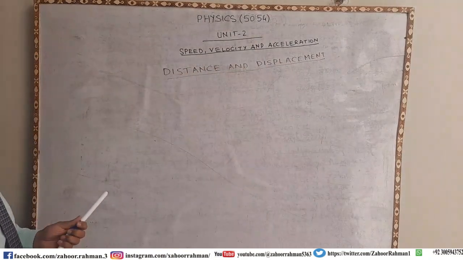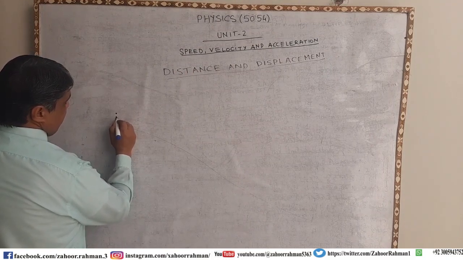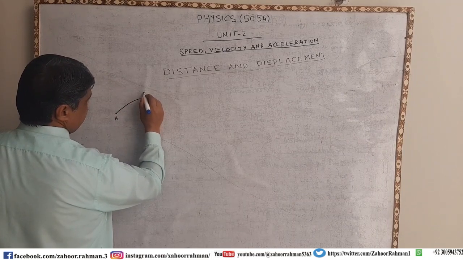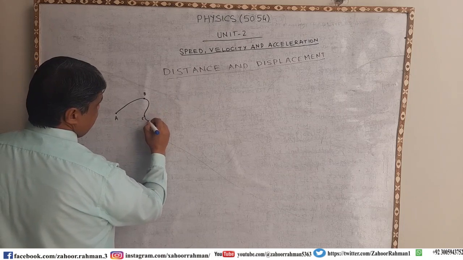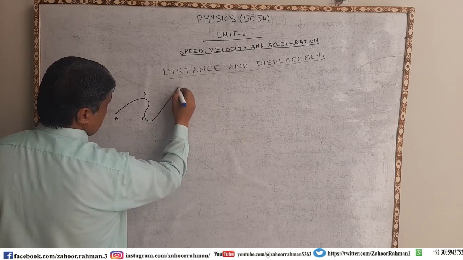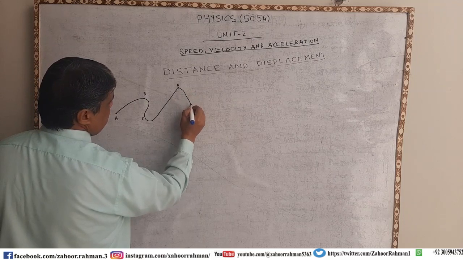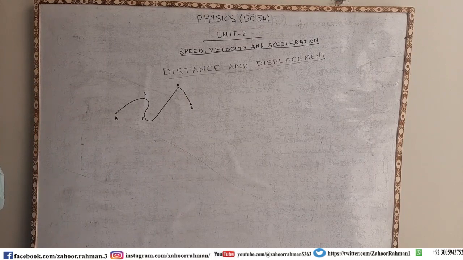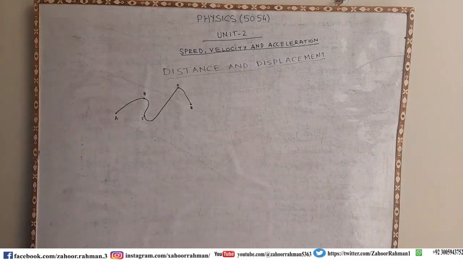Now, what is distance? If a body is starting from point A and it is going to point B and then moving to point C and then moving to point D and finally coming to point number E. So in common life, we also say how much distance that body has covered.